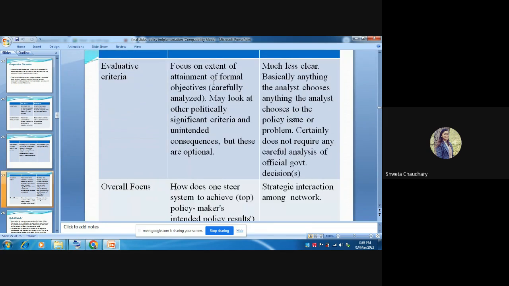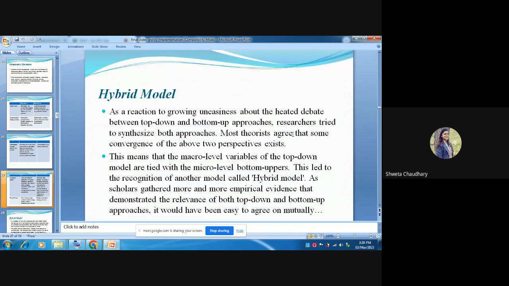Evaluation focuses on the extent of attainment of formal objectives; it may look at other politically significant criteria and intended and unintended consequences, but these are optional. We evaluate things by seeing the various results of that policy, whether the pollution has now been controlled or not by introducing a new policy. While bottom-up is basically taking care of various issues that arise in the poor areas.